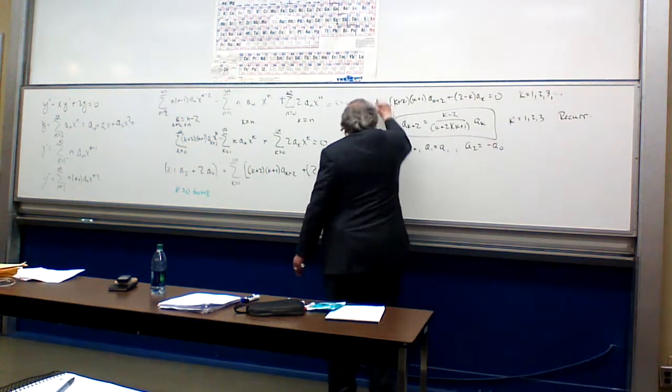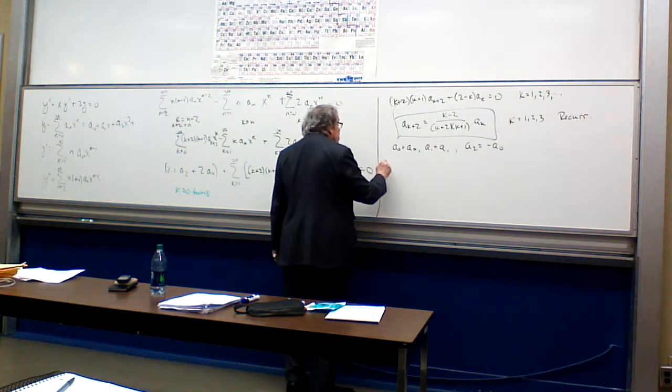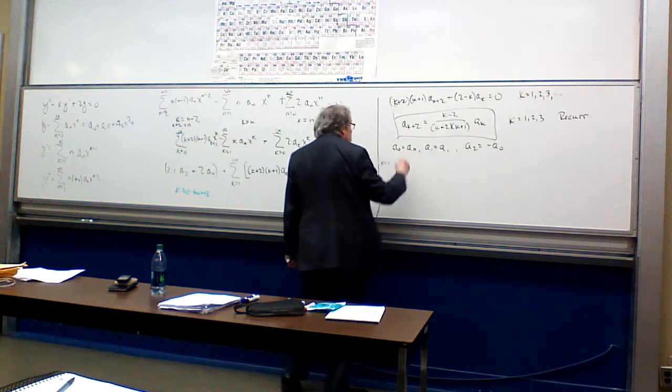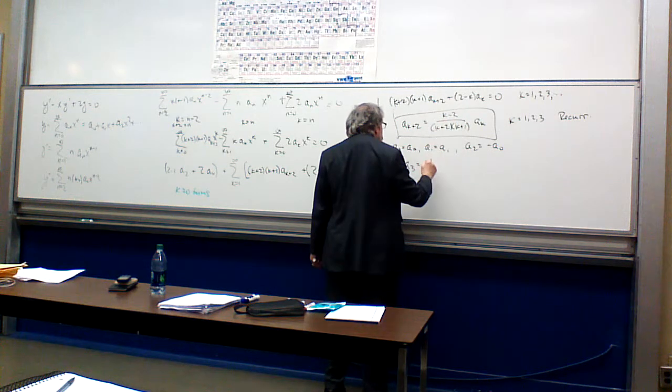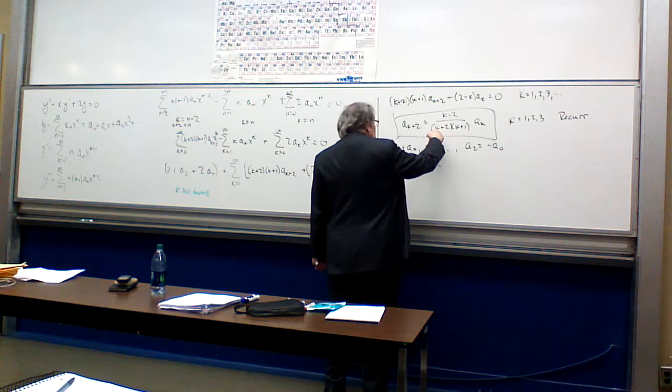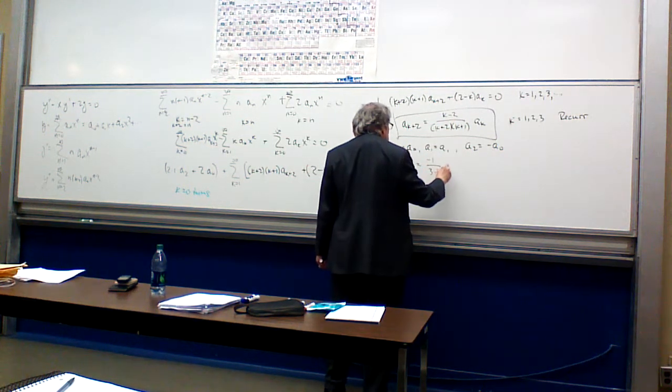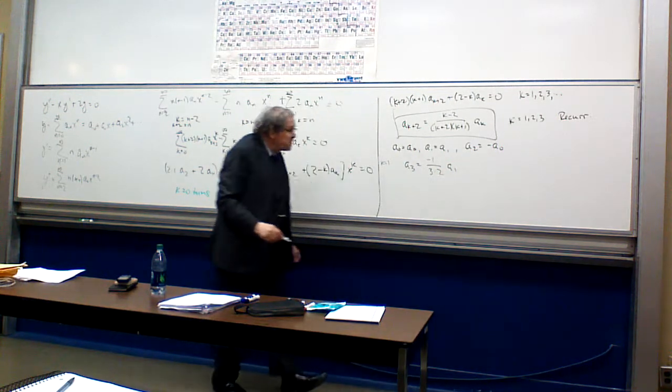From k equal 1, I get that A3 is (1 minus 2), negative 1, over 3 times 2, A1.